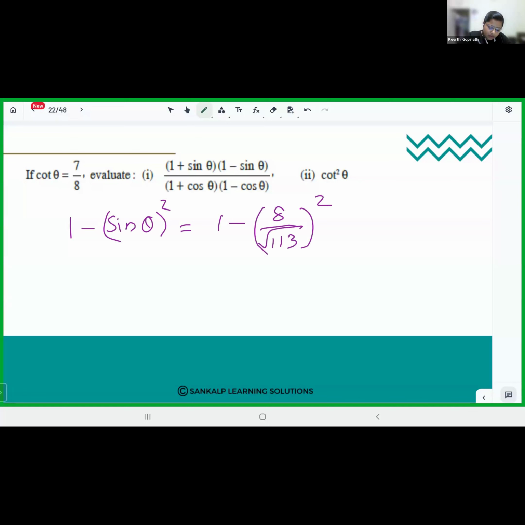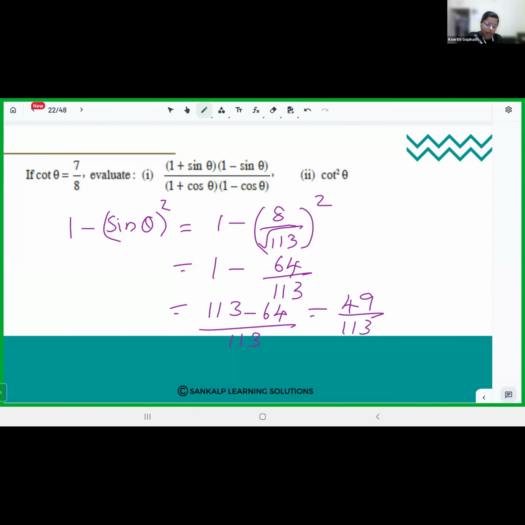So this will become 1 minus 64 by 113. 8 square is 64 and root 113 into root 113 is 113 itself. So 1 minus 64 by 113, the value will be 113 minus 64 by 113, that is equal to 49 by 113.